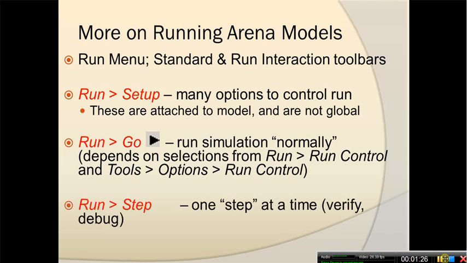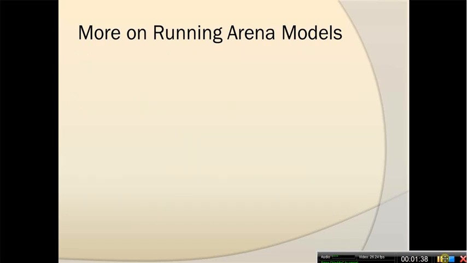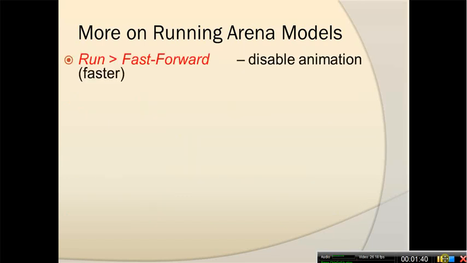We can also press Run and then Step in Arena or press this button, and that will allow us to step one at a time, which is useful for verification and debugging. We can also go Run, Fast Forward in Arena or press this button in order to disable animation, and this will allow us to run our animation much faster.